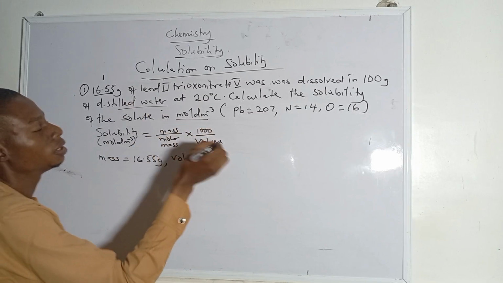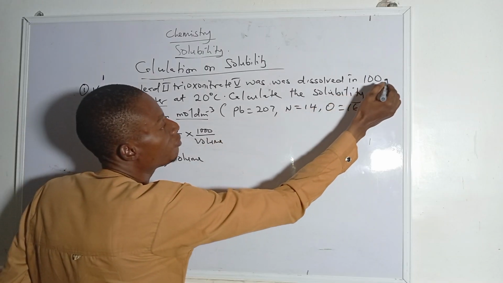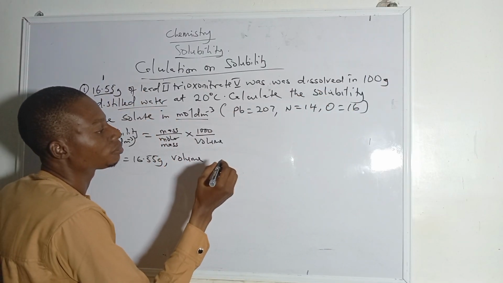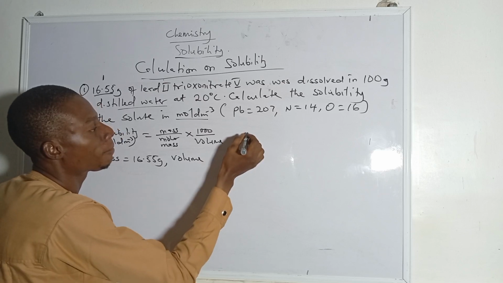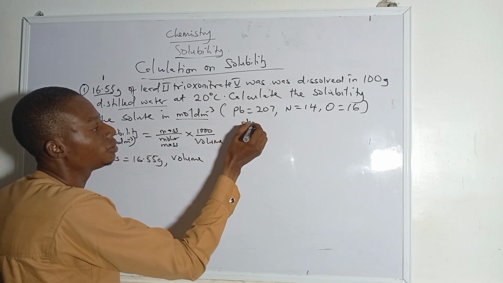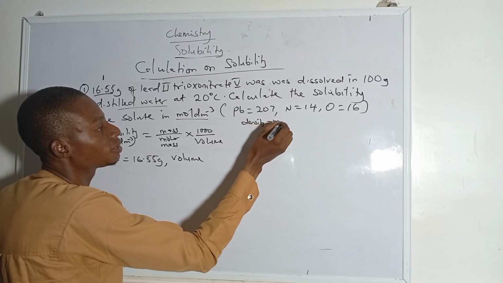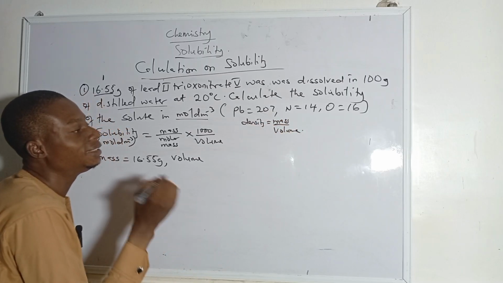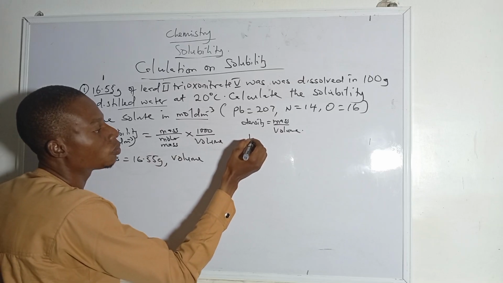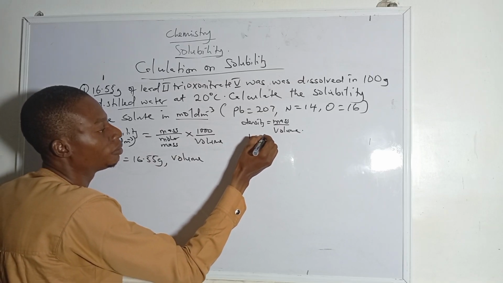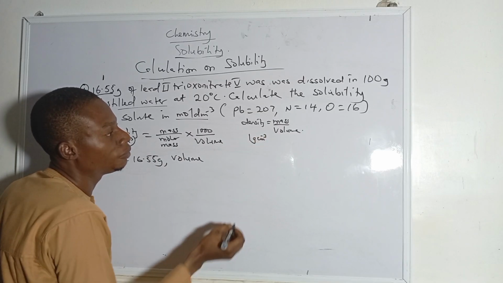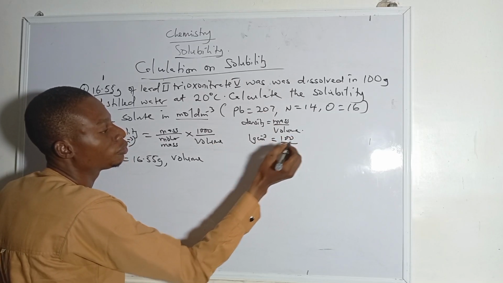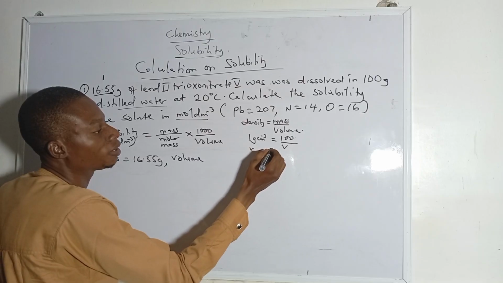Volume: you are given 100 gram of distilled water. Since density is equal to mass over volume, and the density of water is 1 gram per cm cube, and the mass we are given is 100, the volume will be 100 over 1.